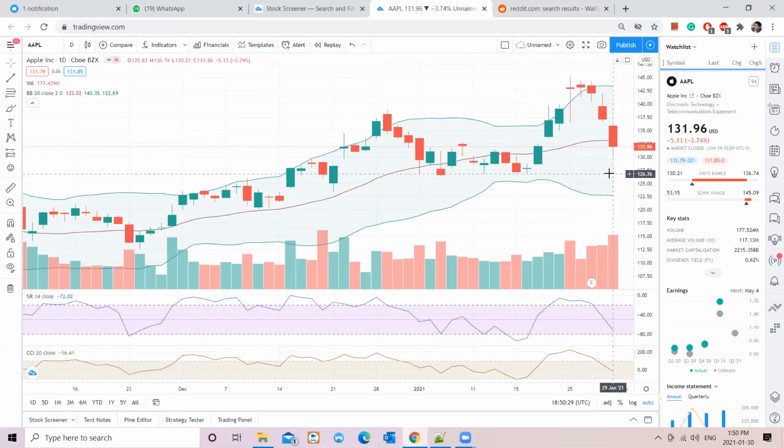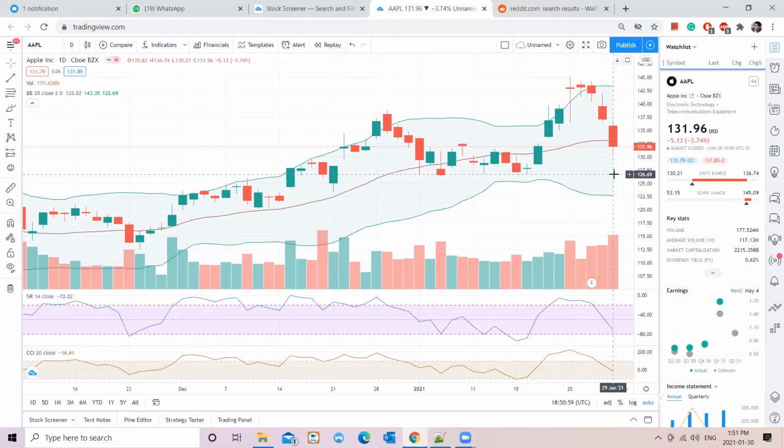But the last 3 are almost consecutive and they are almost all gap downs. Which is why a correction, a turnaround from 125 could be expected. 125 or even 126 could be expected. Yeah.